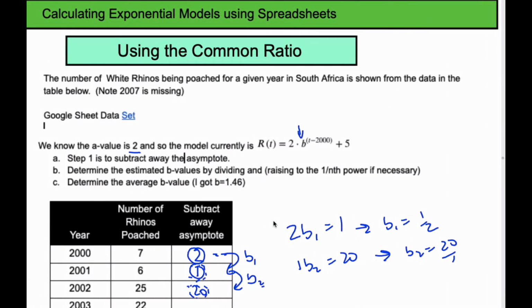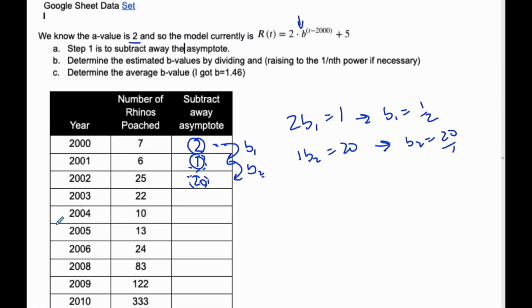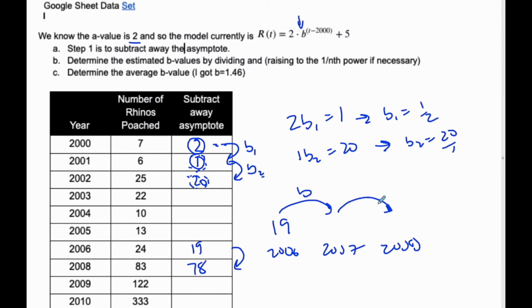But I have to be careful of the fact that 2007 is missing. So this is 19, because I subtracted 5, and this is 78. When I go from 19 to 78, it's really gone from 2006 to 2007 to 2008. And it's gone times b, which I don't know, times b again to get the 78.